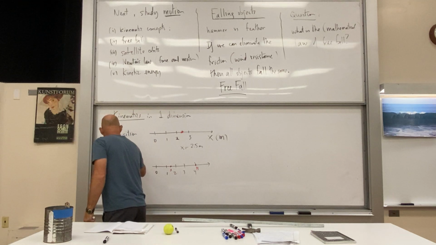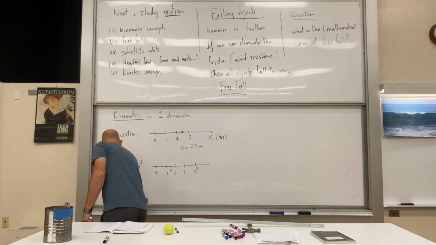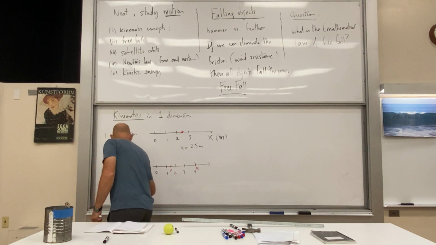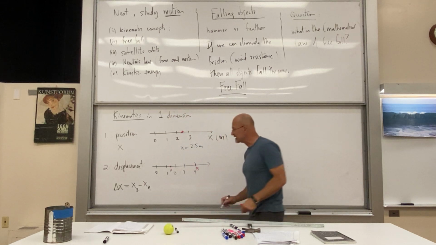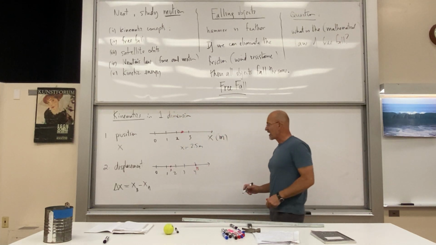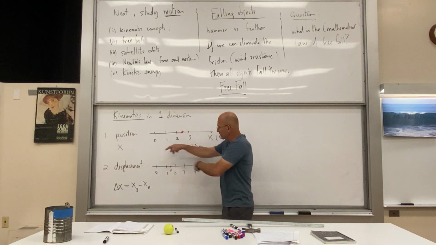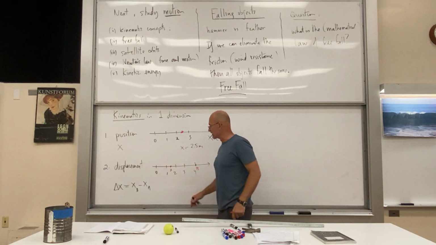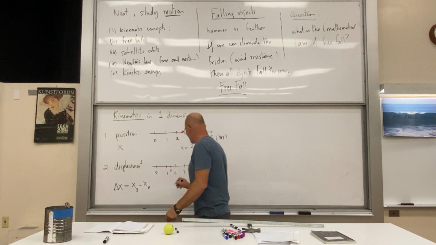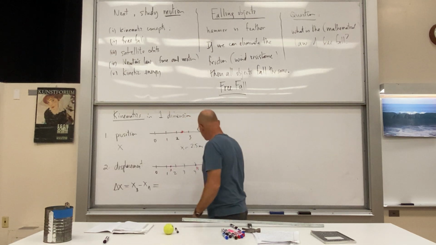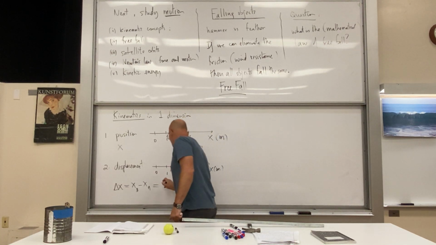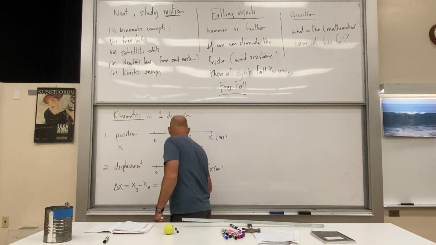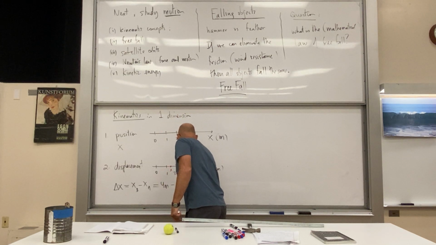Position was X. Displacement is delta X. We could say it's X_B minus X_A, the difference. And by the way, it doesn't matter if B or A are in front or back of each other. It's just X_B minus X_A. And so in my example here, it's 4 meters minus 1.5 meters.